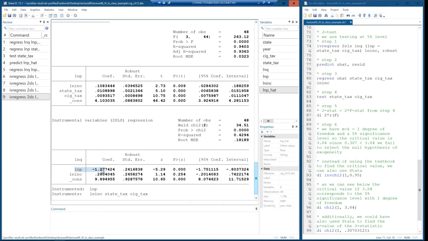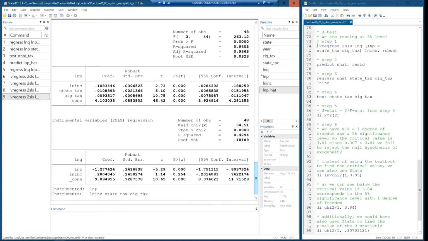If they did not provide the same coefficient on LMP, then you would believe that at least one of them is endogenous. So instead of running these two-stage least squares regressions and comparing the coefficients, we can join the test into one.